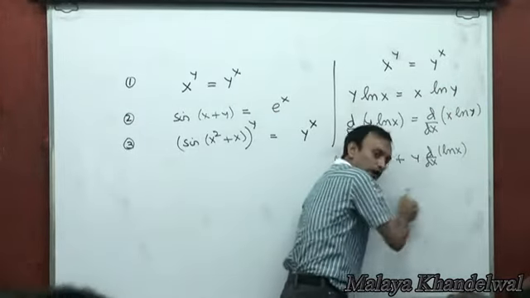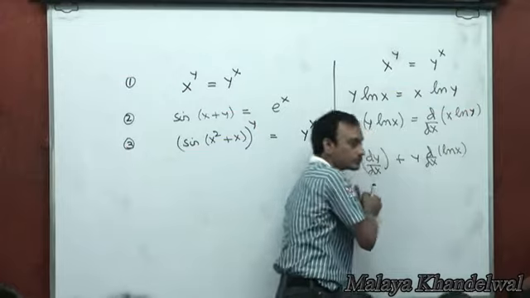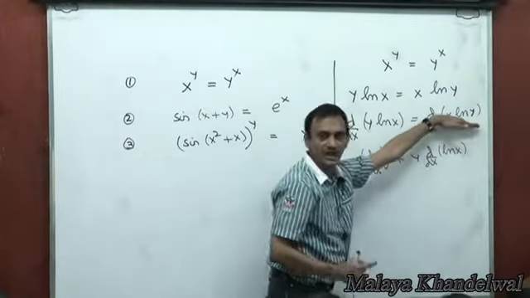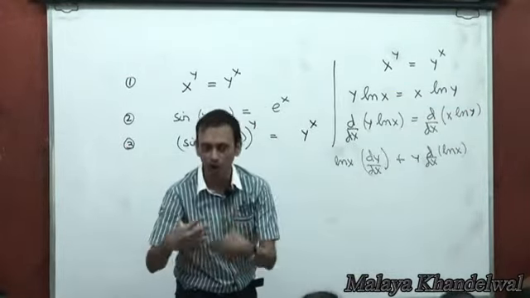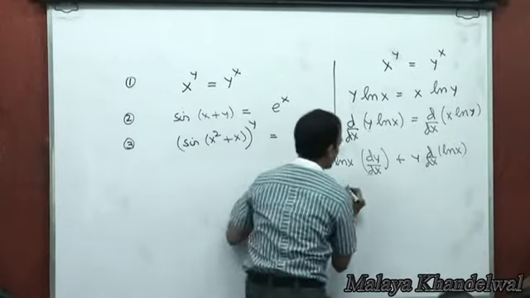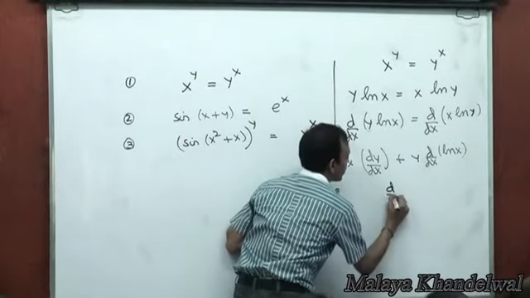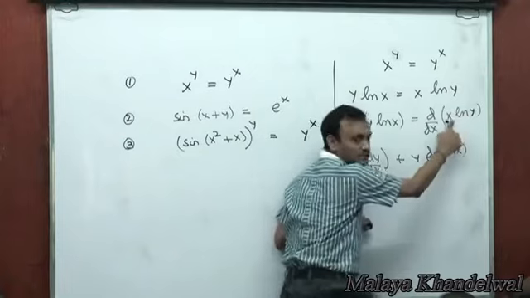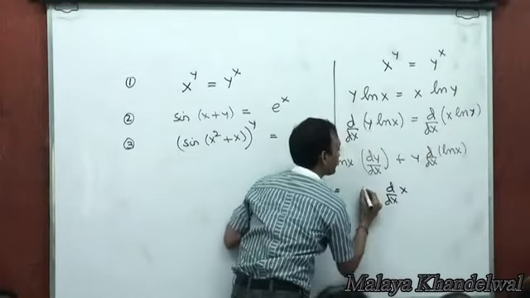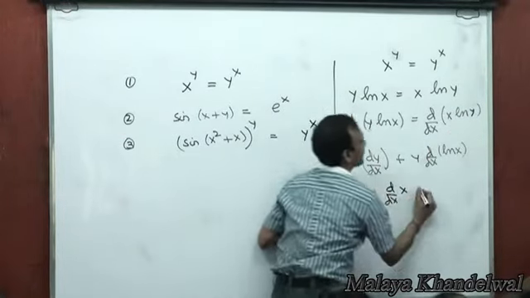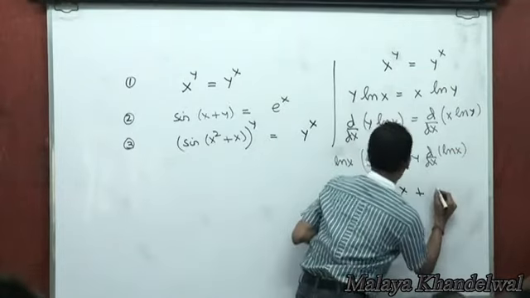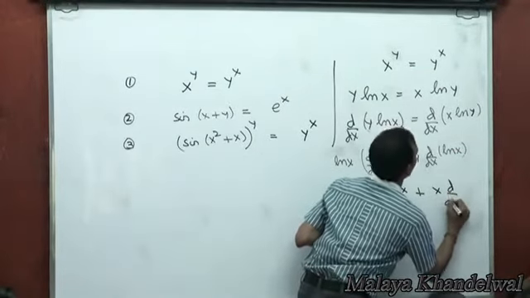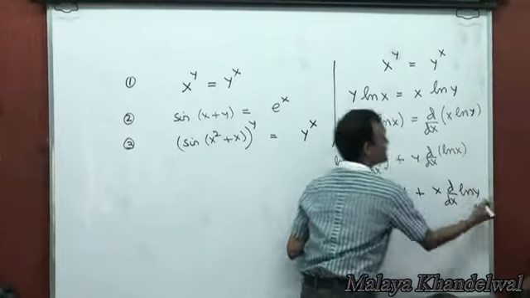Derivative of the product of two functions, right? Now again the right hand side, again I'm going to deploy the product rule of differentiation. So that's going to be d/dx of x into ln y plus x into d/dx of ln y. How about this?